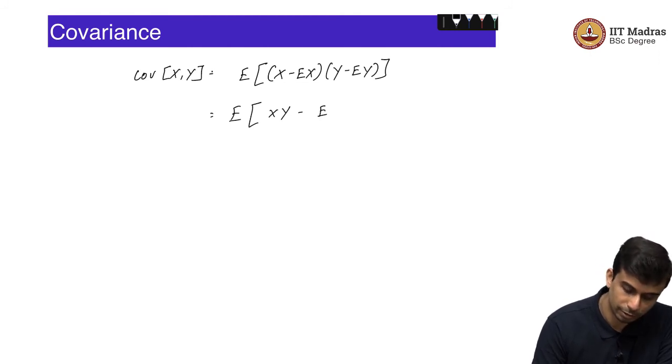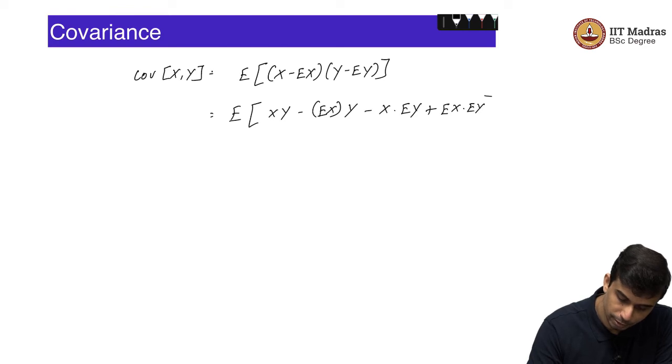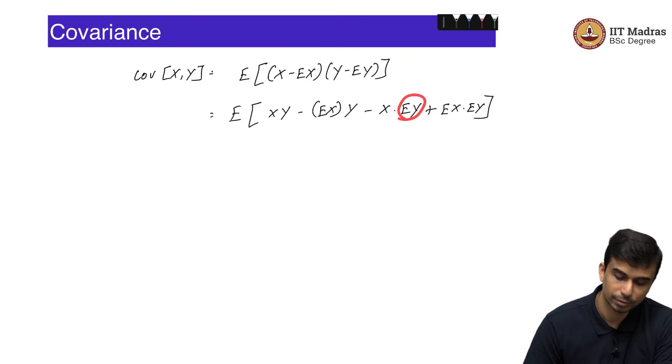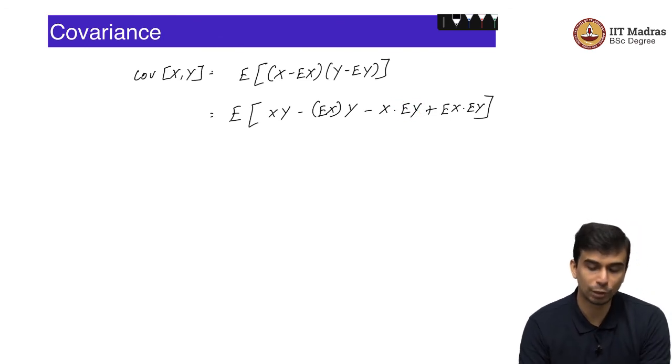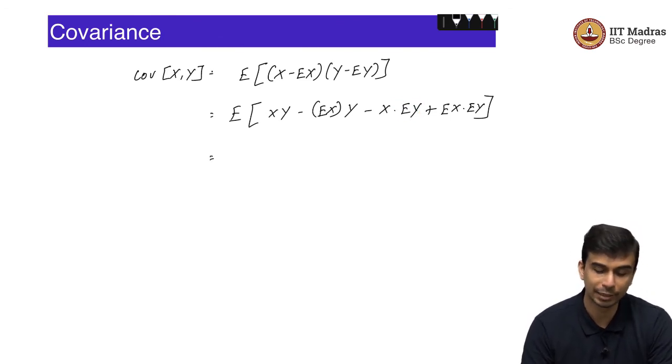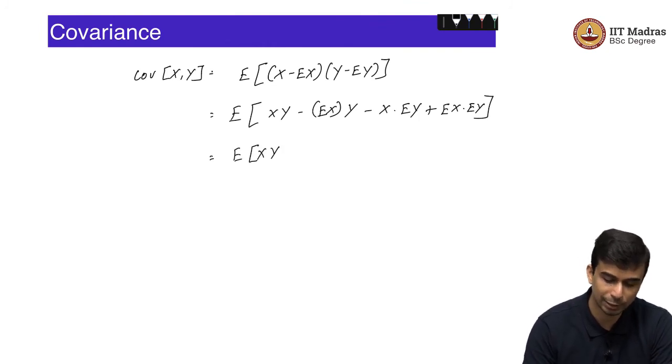Simplifying this further, we will just do the product inside, which is the expected value of xy minus Ex into y minus x into Ey plus Ex Ey. Ideally, after every E I should put square brackets, but I am taking it to be implicit. When I say Ey, I mean E square brackets, E square brackets within square brackets y.